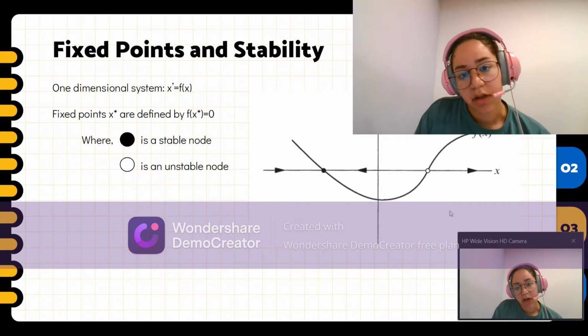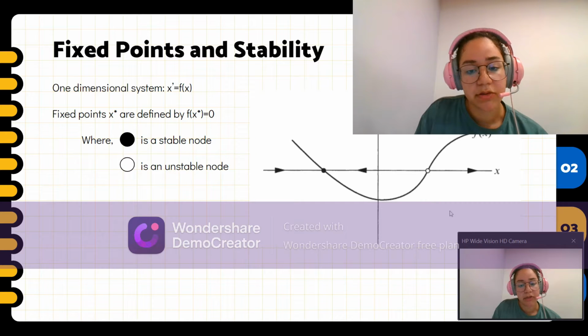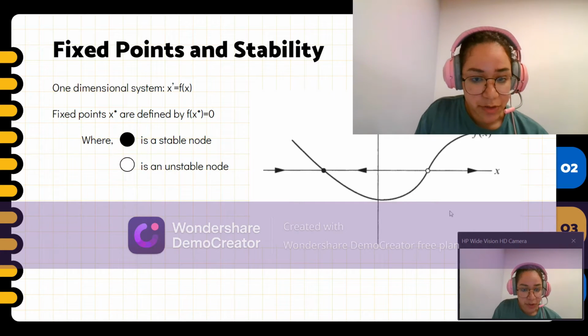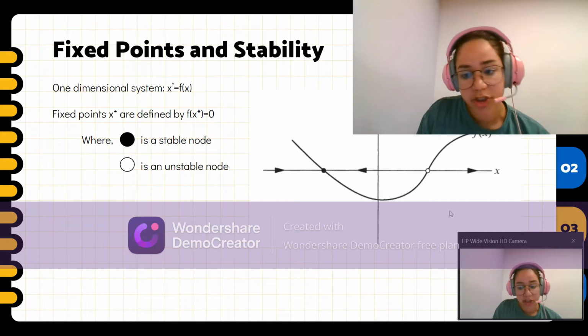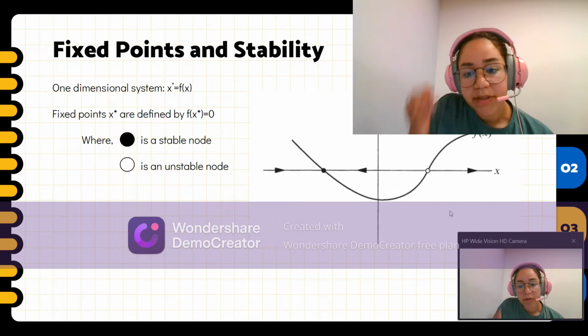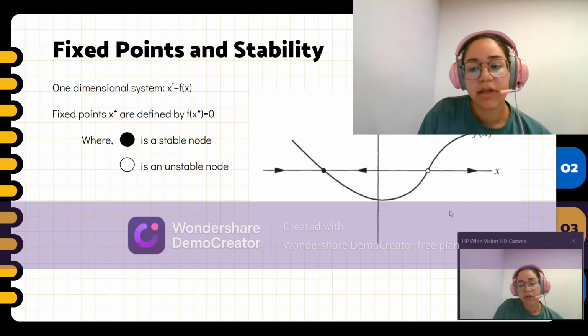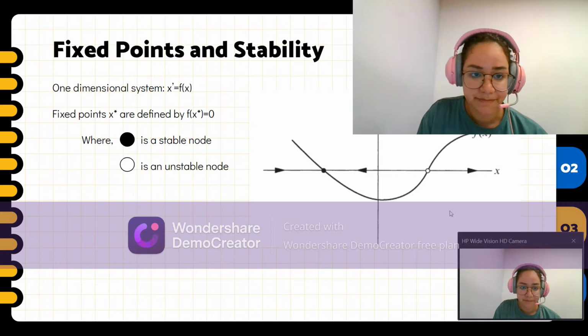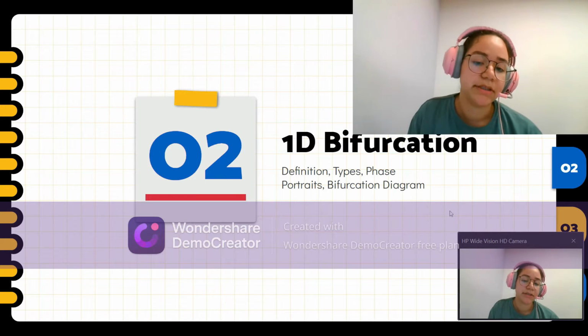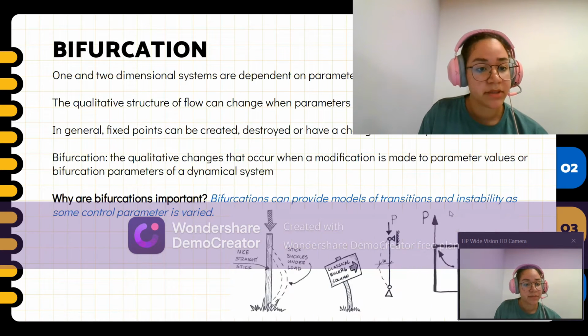You can see on the graph on the right, the points that are equal to 0 cross the x-axis. When it's shaded in dark, that means it's a stable node, while when it's not shaded or in white, it's an unstable node. You can see the arrows pointing towards the stable node and away from the unstable node. So now we're going to 1D bifurcation.